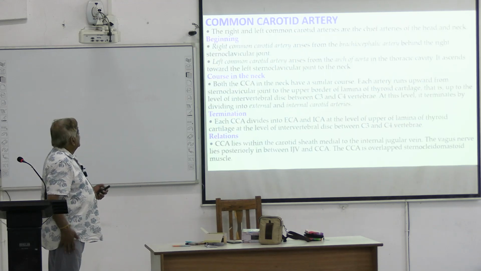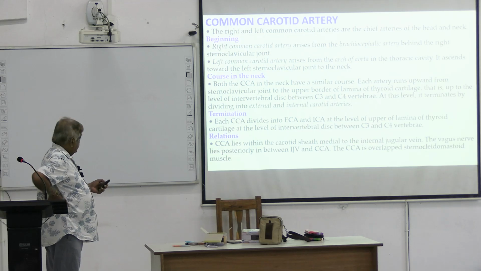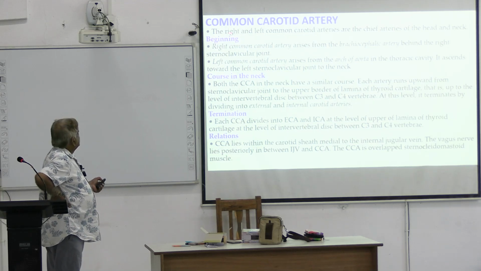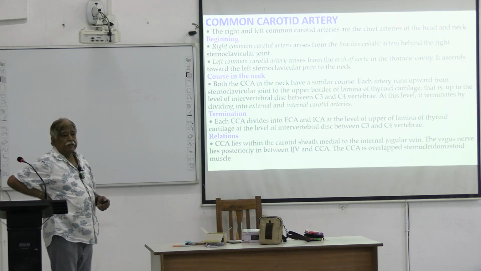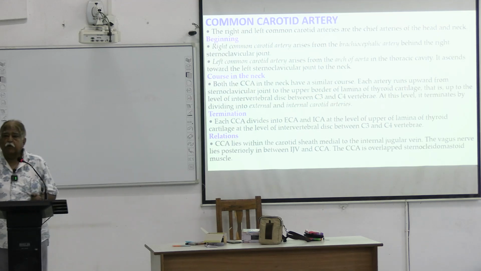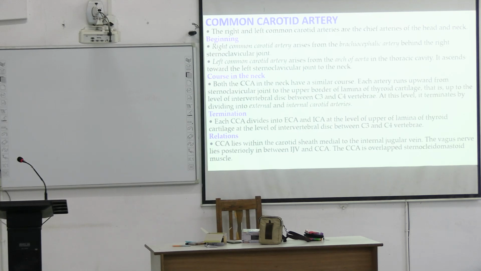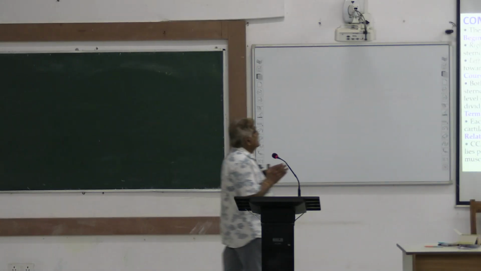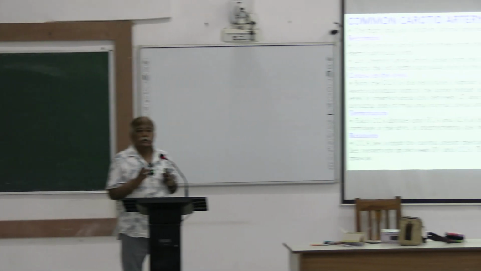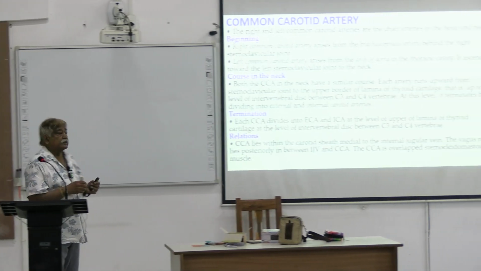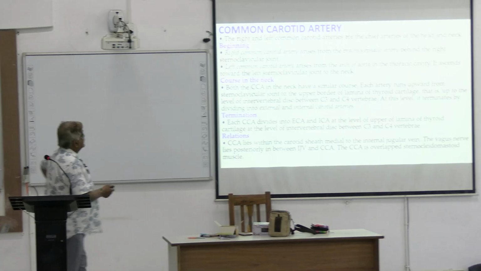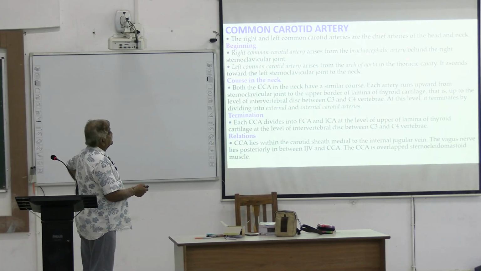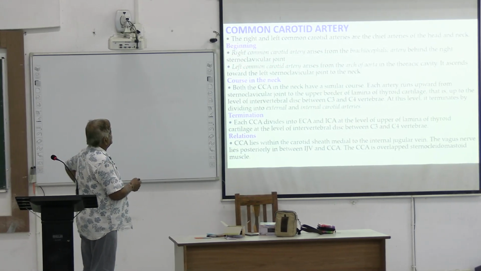The common carotid artery. The right and the left common carotid arteries are the chief arteries of the head and neck. Please focus. The right common carotid artery arises from the brachiocephalic artery behind the right sternoclavicular joint.